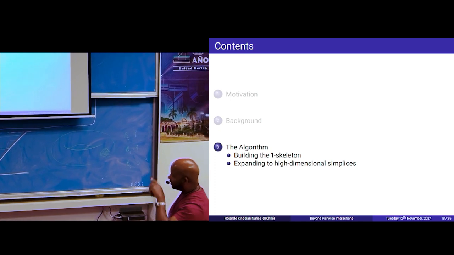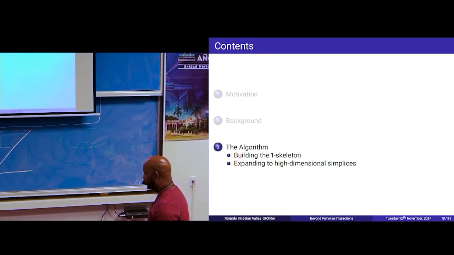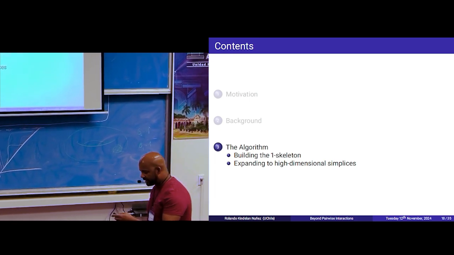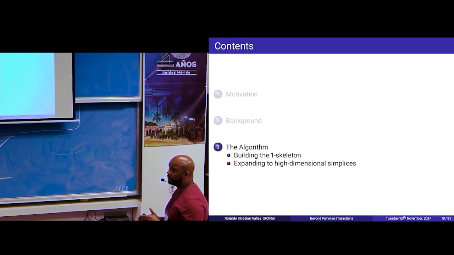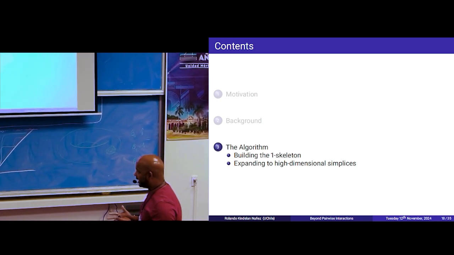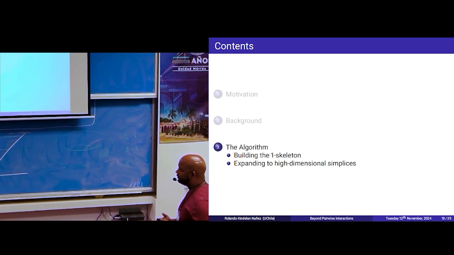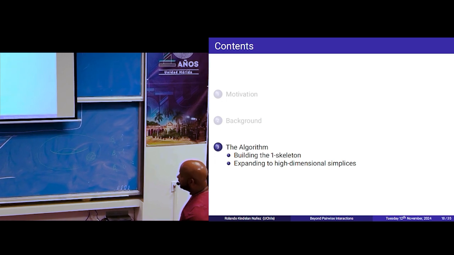So let's talk about the algorithm that we propose in order to build those kinds of non-flag complexes, and what kind of approaches we created when we faced each challenge.